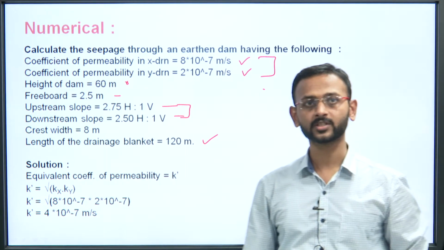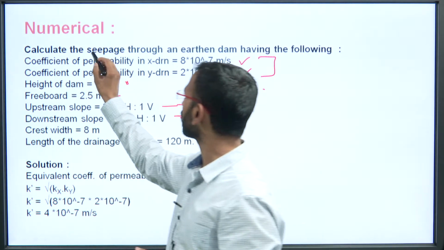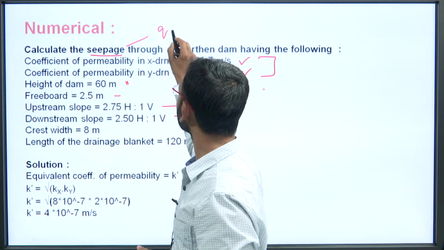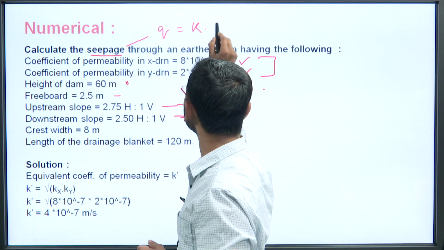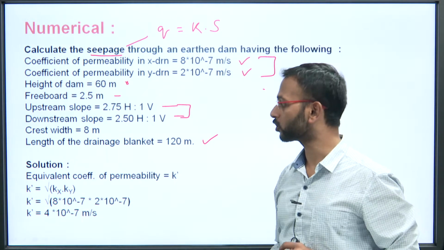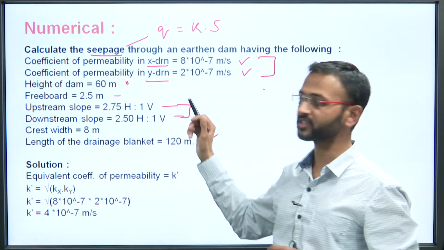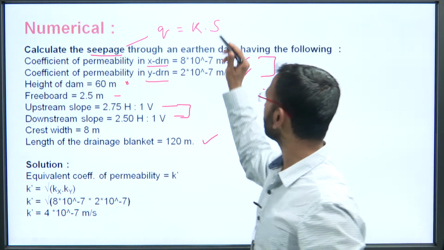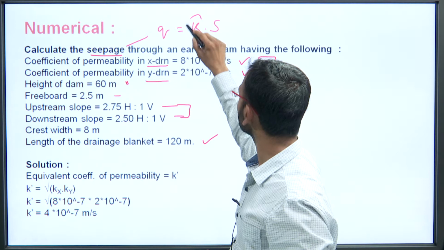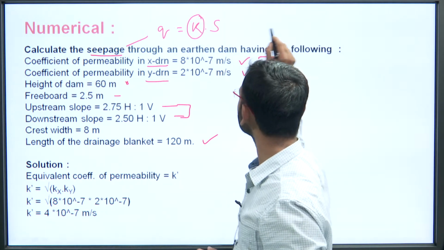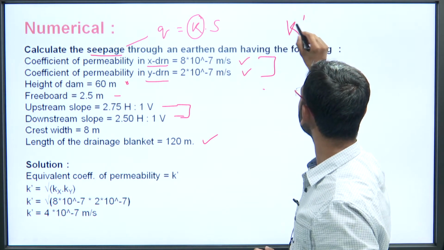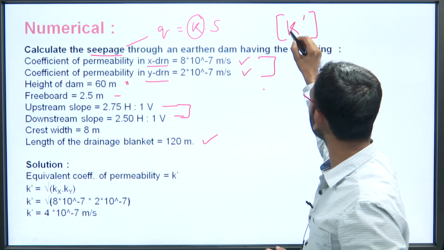So, for the very first thing we have to calculate the seepage. When we talk about the seepage, it is what? Q. So, it can be given as K into S. Because it is a non-isotropic medium, as you can see that coefficient of permeability in x and y direction are different, K should be the effective permeability.